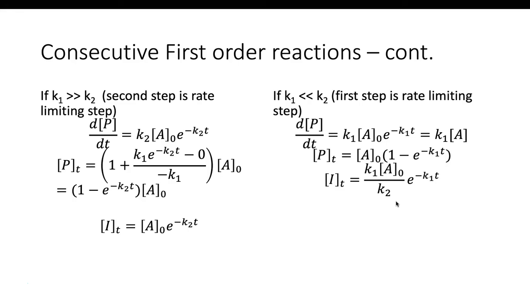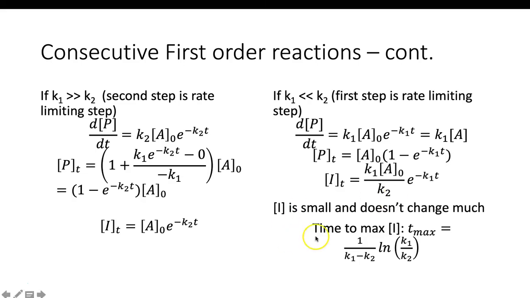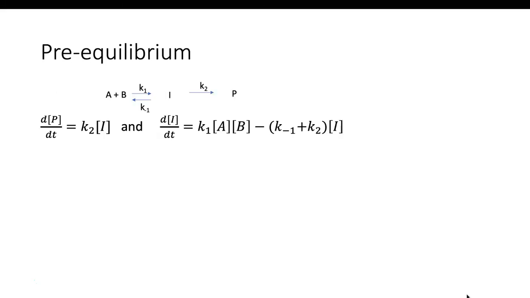So every time you produce the intermediate, it moves to product almost immediately. That means our concentration of I is small and isn't changing very much. And so then there's an expression for the point at which we can evaluate the maximum intermediate. And is this expression related to the ratio of the rate constants?